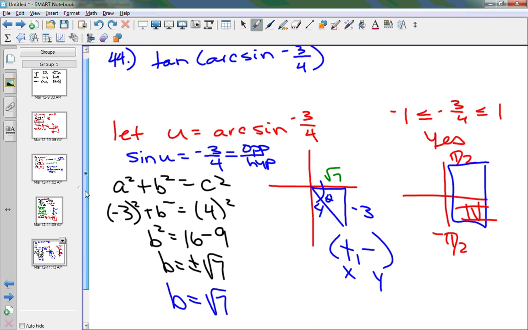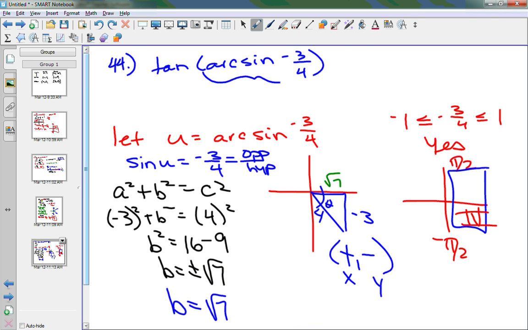Okay, well now, what is u? What do we call that jump right here? So what I'm actually calculating is the tangent of u, right? Well, do I have u here? This is u. Theta is u, correct? So how do I find the tangent?